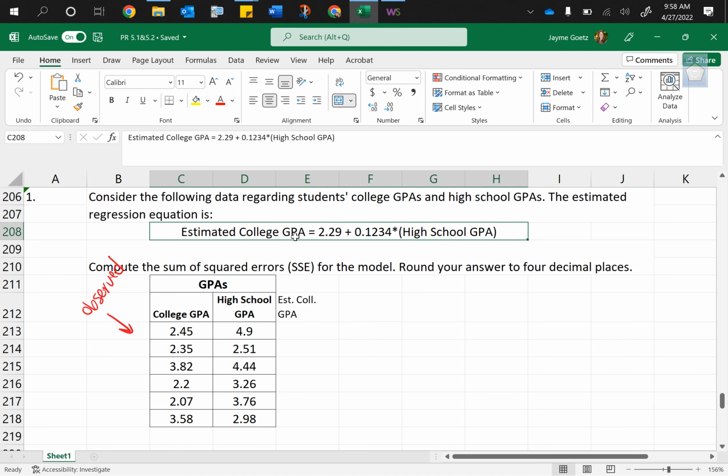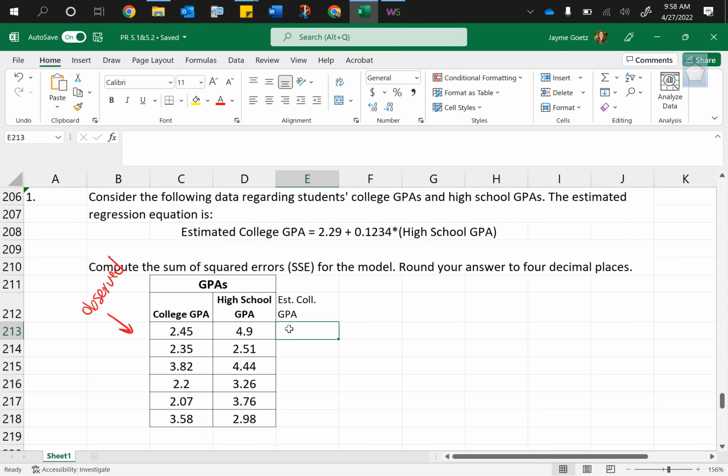To find the estimated college GPA, you need to take 2.29 plus 0.1234 times your high school GPA. So you're going to come in here, and you're going to hit equals 2.29 plus 0.1234 times your high school GPA. So I'm going to click on that high school GPA.